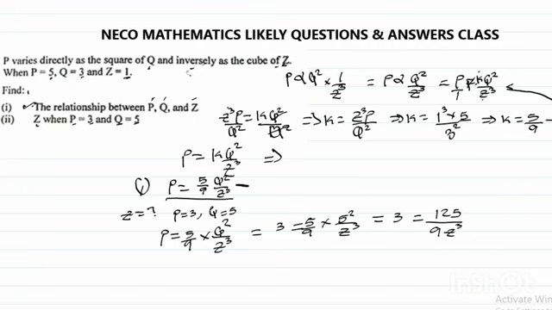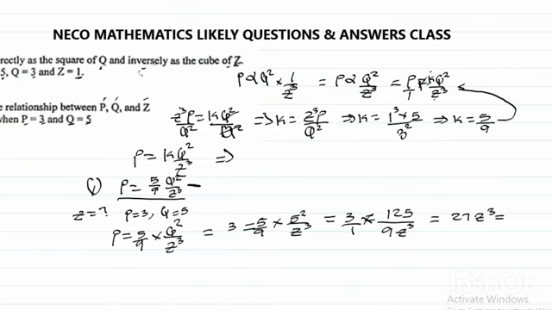Then we apply 9 times 3, we have 27, so 27z to the power of 3 is equal to 125.